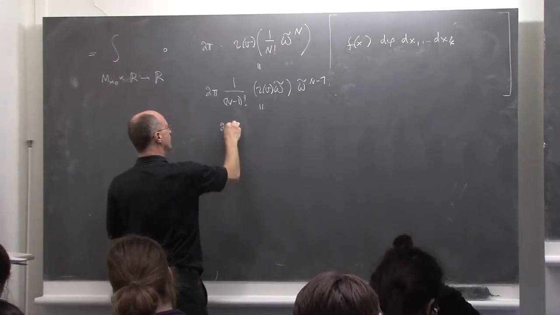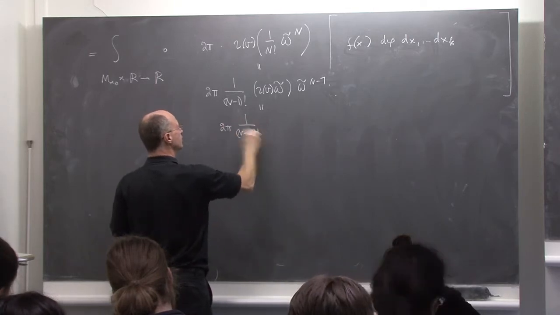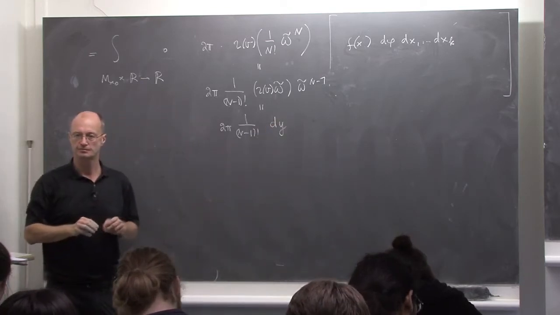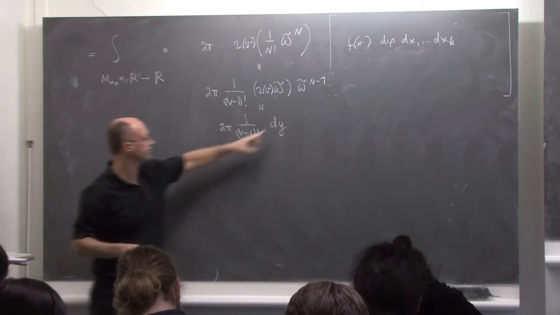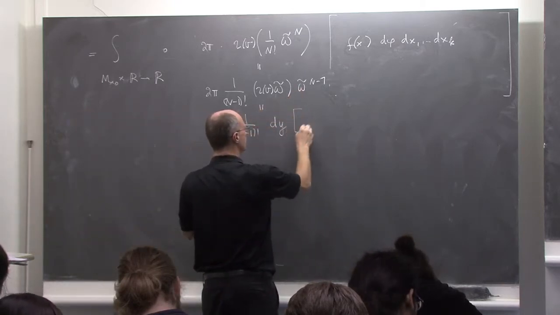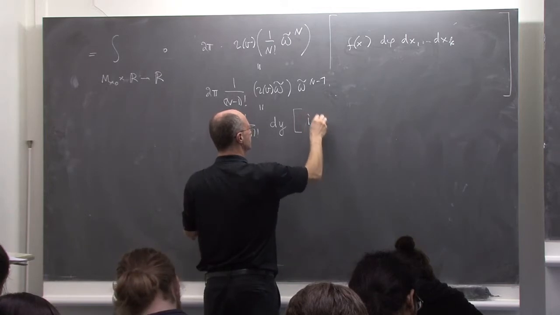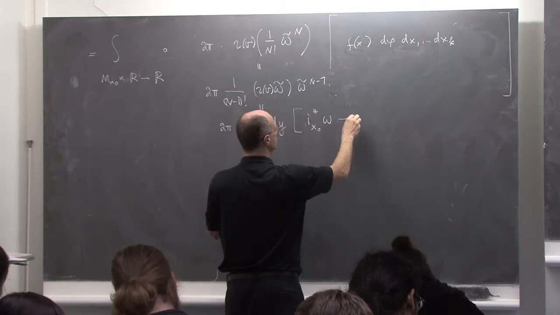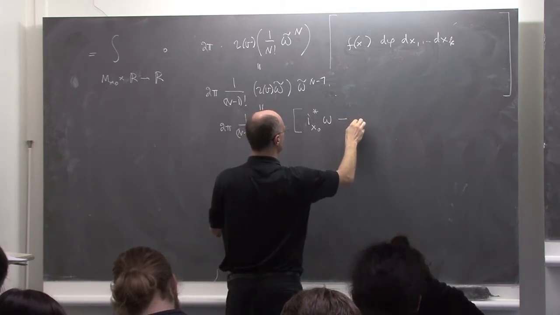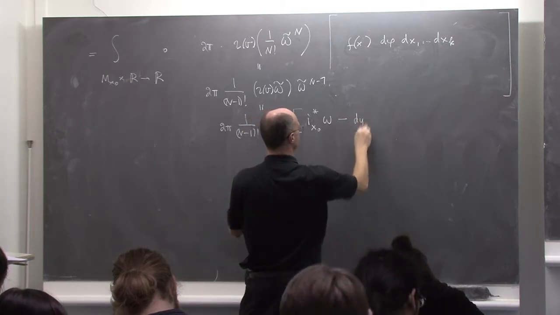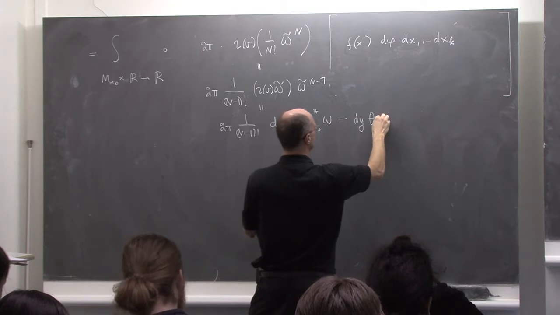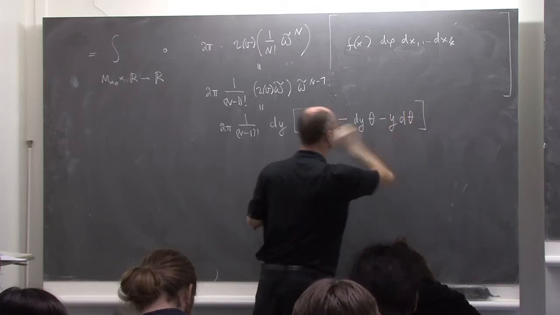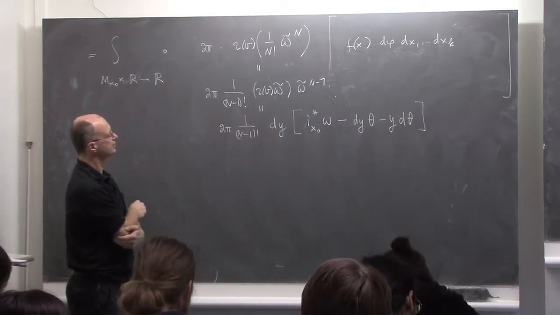So this will give 2 pi times 1 over (n minus 1) factorial. That we know what it is, so that's dy, the contraction, so that's the moment map equation. And this guy, we know what it is. It is this iota x0 star omega. Let me write it this way: minus dy theta minus y d theta.